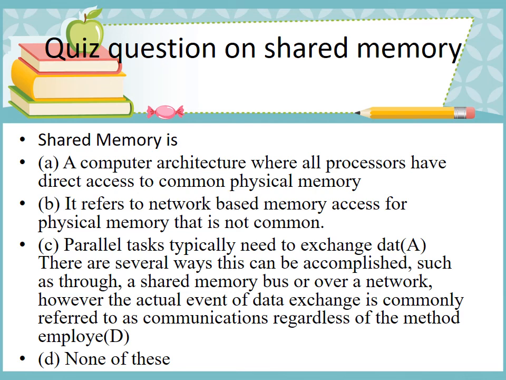Option C: parallel tasks typically need to exchange data in several ways. This can be accomplished through a shared memory bus or over a network. However, the actual event of data exchange is commonly referred to as communication regardless of the method employed. Option D: none of the above.